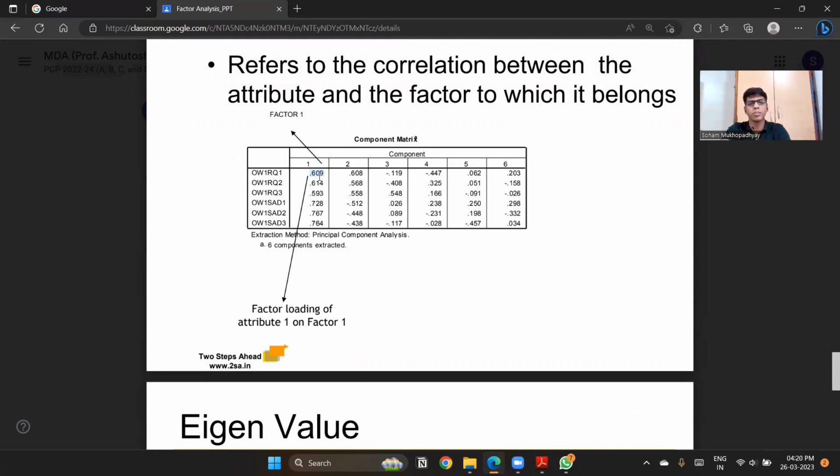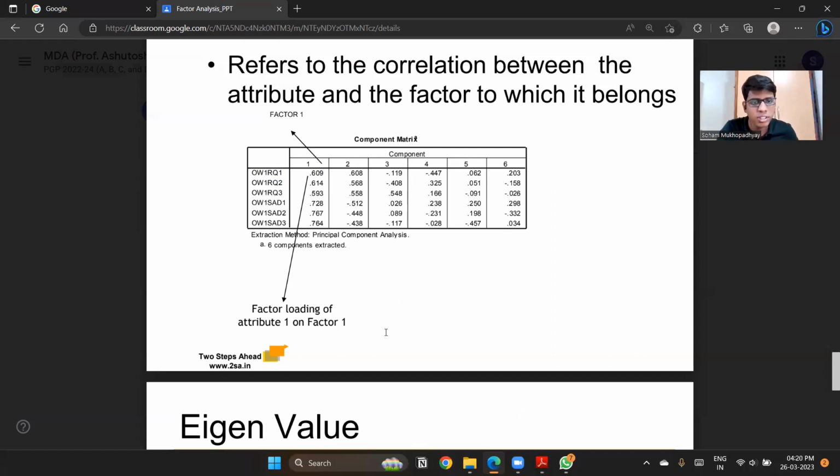You will multiply that with the variable data, and you will sum all the data. So if there are three variables that are part of one factor, you will multiply the factor loading of each into the data collected from the respondent for that variable, and you will add all of them. So it is the summation of factor loading times variable score. Got it? That's how you calculate the factor score.